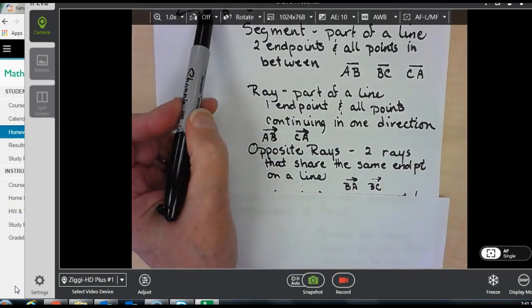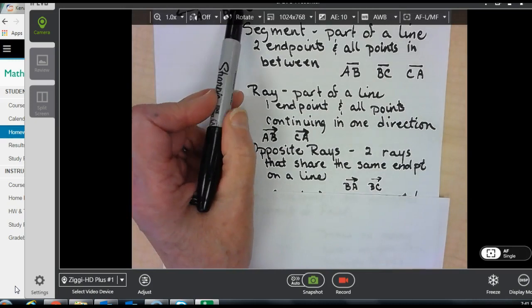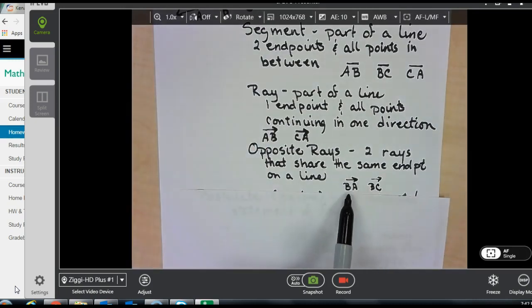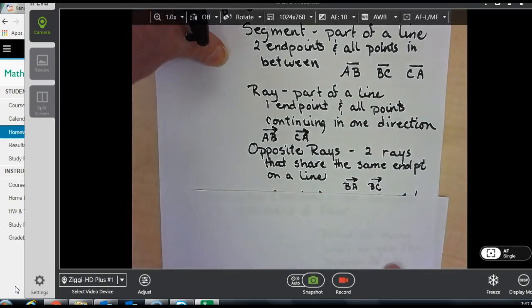Again, BA goes the opposite direction of BC. What lets us know the direction is going from the starting point of B through A, and this one's going from B through C. The symbols on top of them don't change direction. It's the letters that let us know the direction.